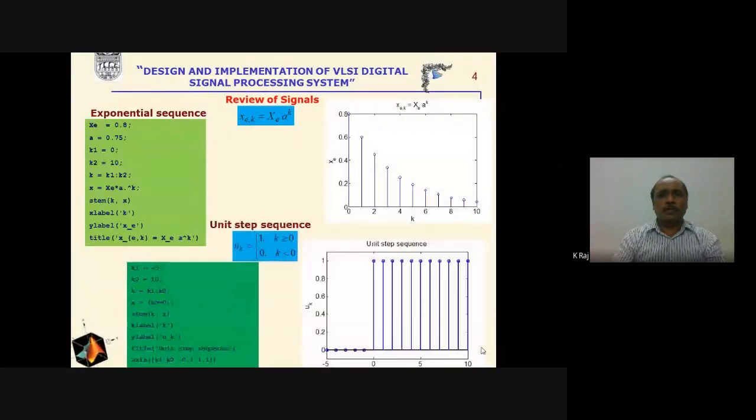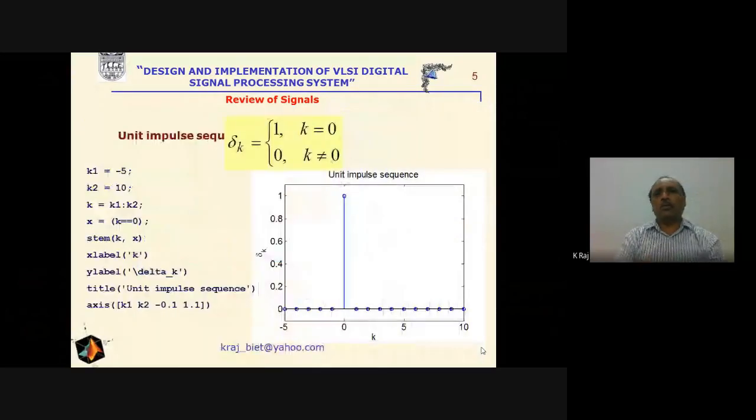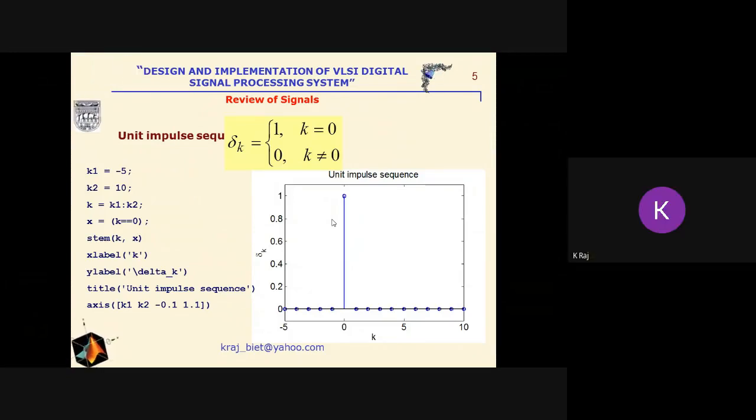Now moving to the next PPT. Suppose we are interested in generating the unit impulse sequence. Now see here, what is the beauty of this unit impulse sequence in comparison with the unit impulse function? The unit impulse function is continuous and exists at t equal to 0, but that value is infinite, not finite.